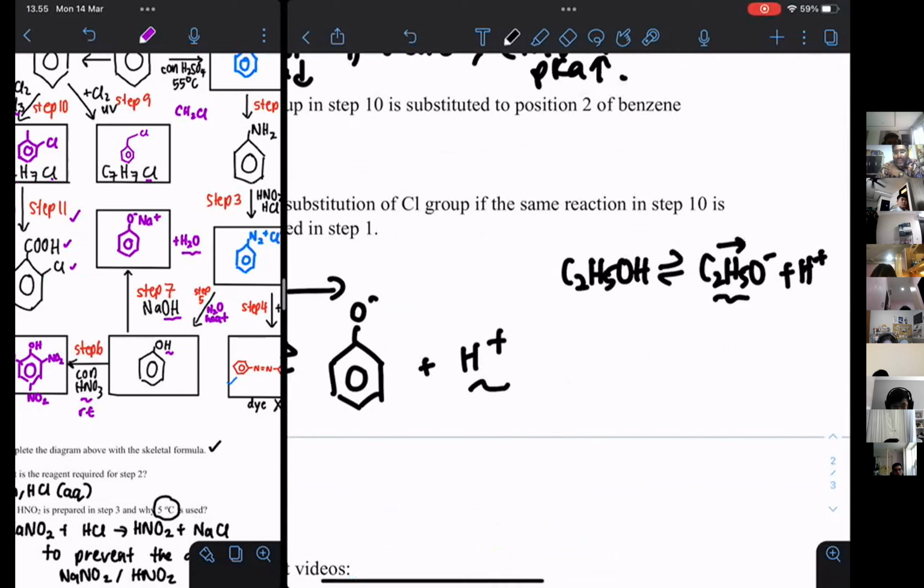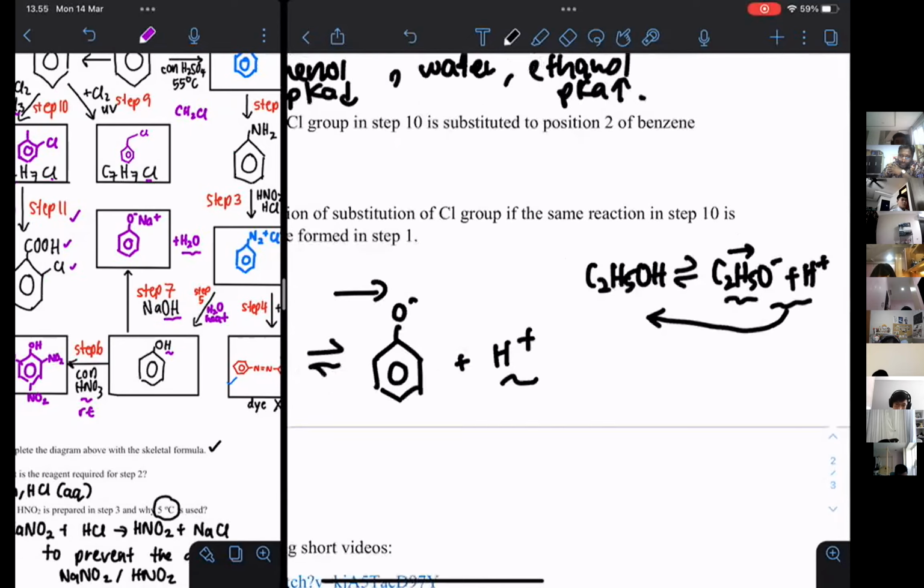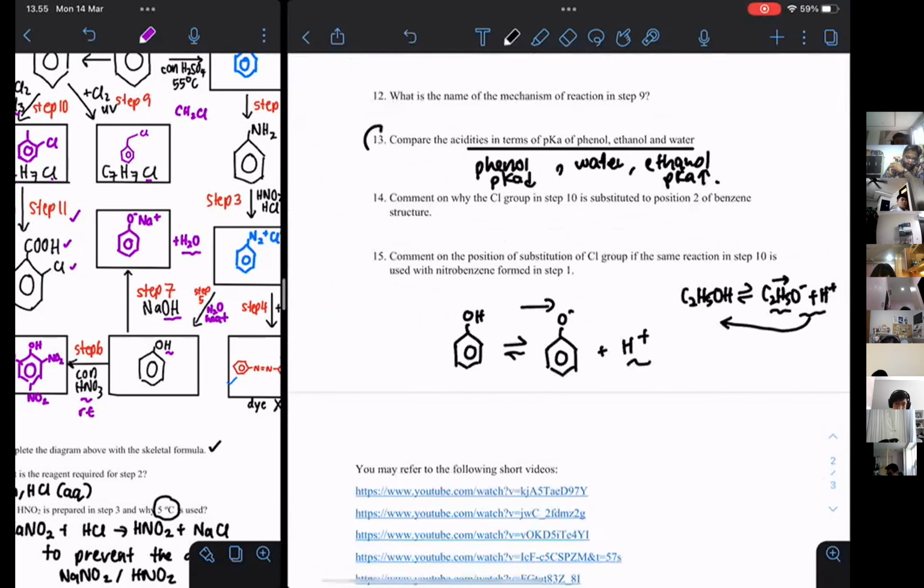When they push the electron closer over there, it means the negative charge becomes more negative. This is going to encourage this one to go and react to give you more C2H5OH. In that case, the H plus is lower. So that is going to explain question number 13. So that is done.